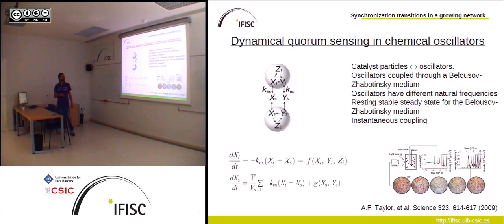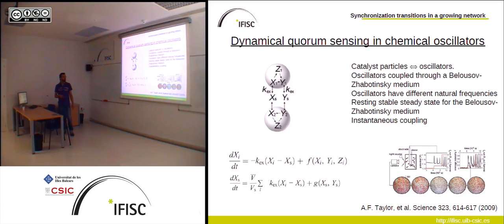So in this case, what they consider is that each oscillator, each catalyst particle, has a different frequency related with the diameter of the catalyst particles. And of course, without the catalyst, the Belousov-Zhabotinsky medium is in the steady state, so it doesn't oscillate, and of course, instantaneous coupling.